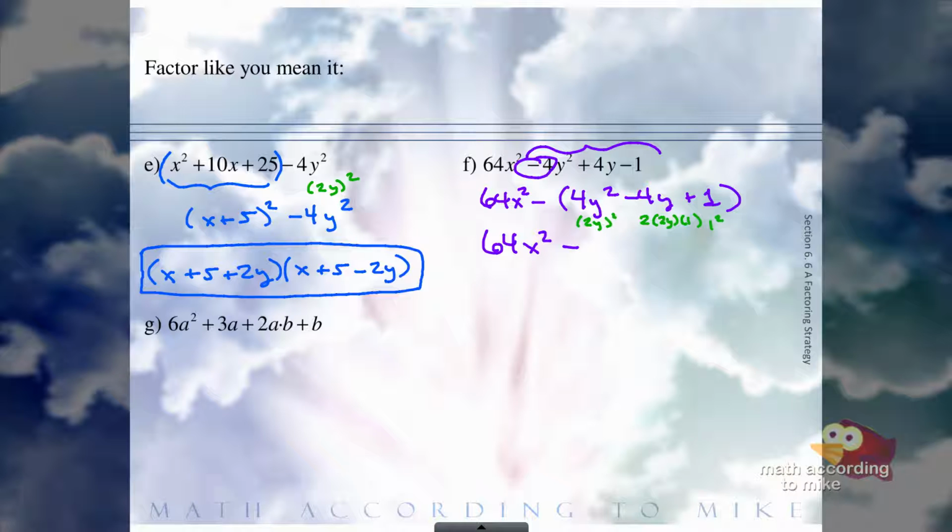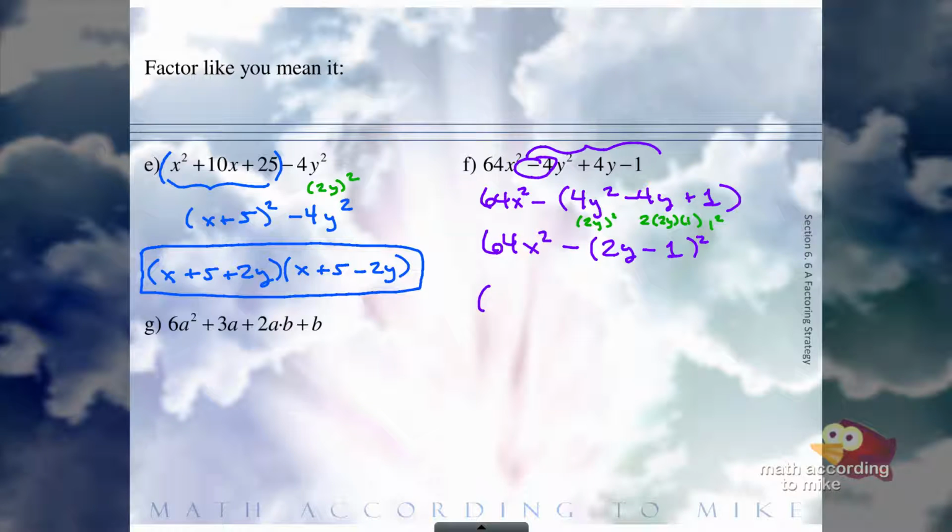So because of that, this does factor as (a minus b) squared, which is (2y minus 1) squared. So yet again, we have 64x squared, which is a perfect square of 8x, and (2y minus 1) squared, which is a perfect square of 2y minus 1, which means we have another difference of squares.